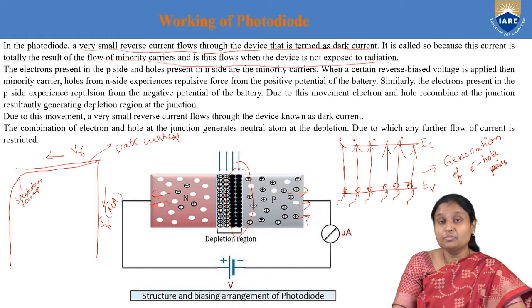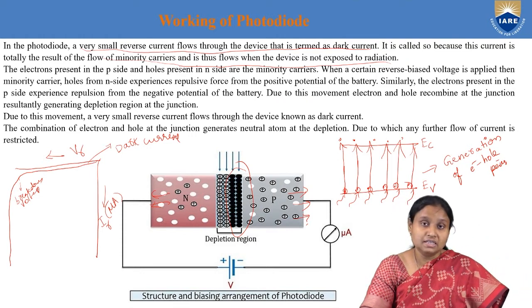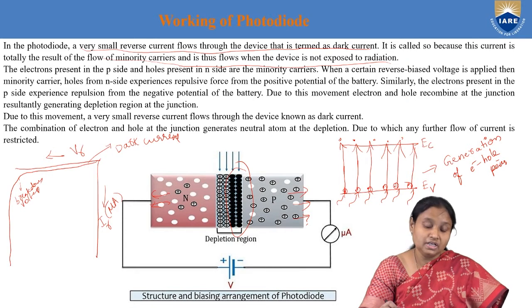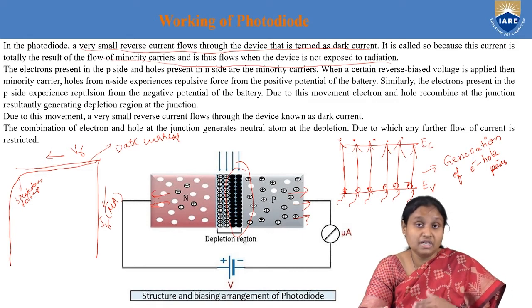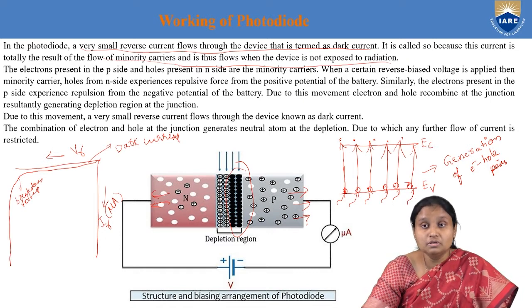What is the generation phenomenon? An electron in the valence band takes energy and gets excited to the conduction band. For one transition, we get one free electron and one free hole. Depending upon how many transitions are taken from valence band to conduction band, we have generation of that many electron hole pairs.